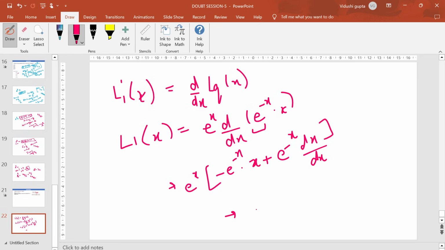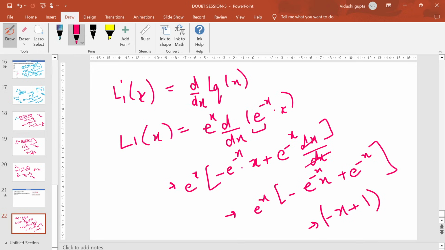So it will be e^x times minus e^-x times x plus, this will cancel out now, so it will be only e^-x. So e^x into minus e^-x is minus x, and e^x into e^-x is 1. So it will be minus x plus 1.